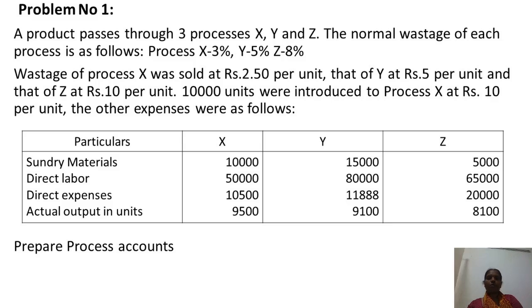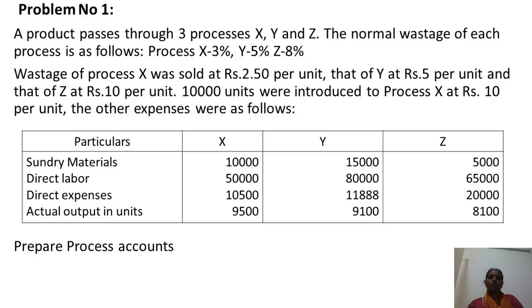Under particulars we have sundry materials, direct labor, direct expenses, and then actual output in units. For sundry materials, for X that is 10,000, for Y 15,000, for Z 5,000. In case of direct material, for X that is 50,000, for Y 80,000 and for Z 65,000.